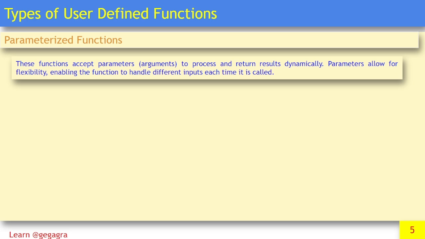Parameters allow for flexibility, enabling the function to handle different inputs each time it is called. Whenever a function is called, we have to supply the arguments for that function. If the user defined function does not have any parameter, it means the data is available inside the function itself.